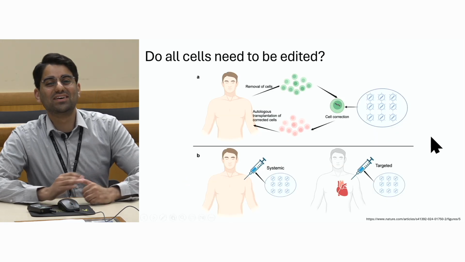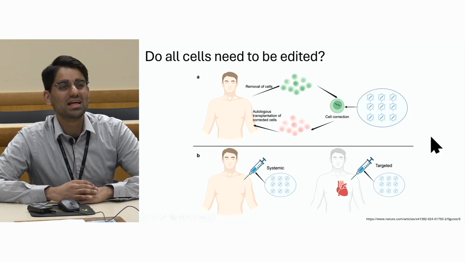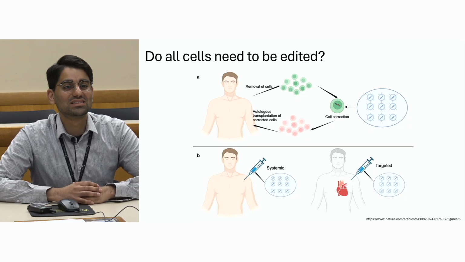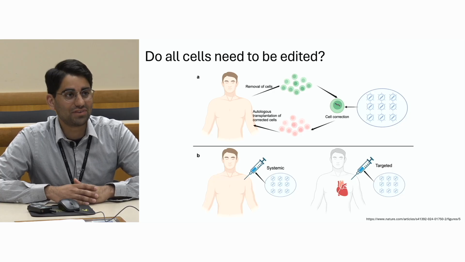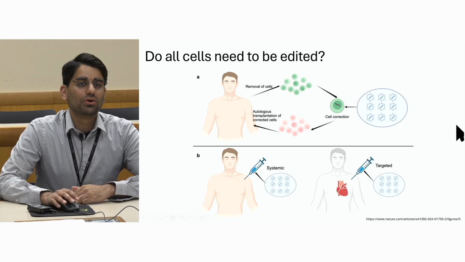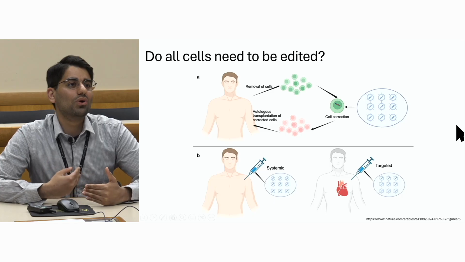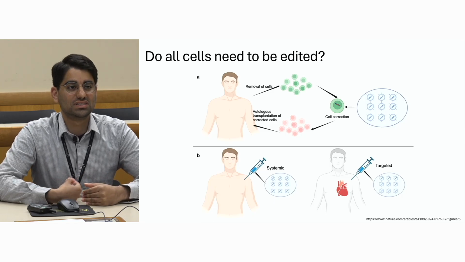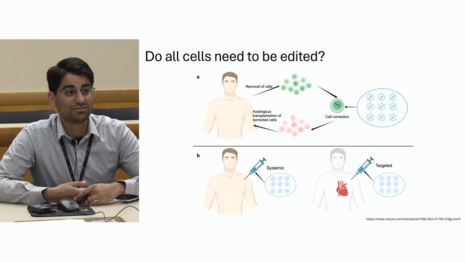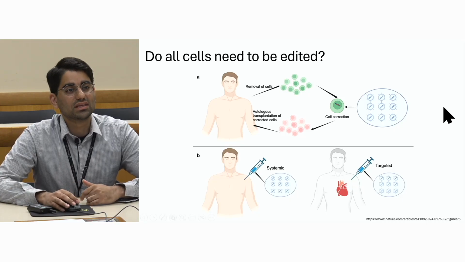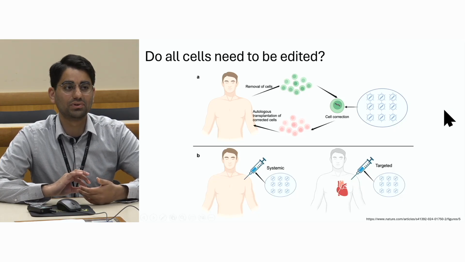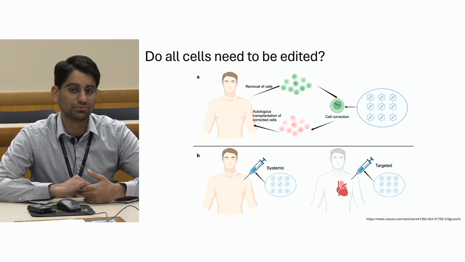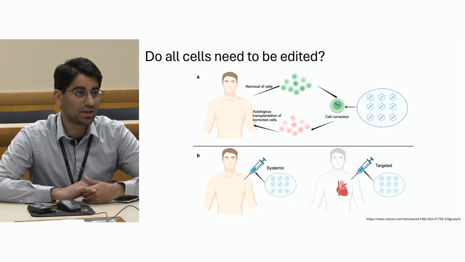Well, it turns out it's actually quite complicated, because this would have to reach every single one of the trillions of cells in your body in order to have an effect. So the question then comes up: do all cells need to receive editing for someone to receive benefit? It turns out that's probably not true, because only some cells are the problem. For example, in various blood disorders, really it's just the bone marrow or the blood cells that are the problem.